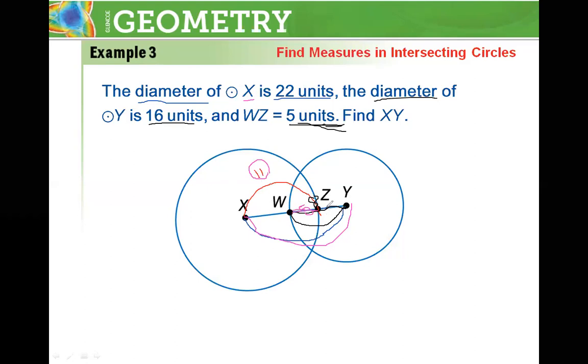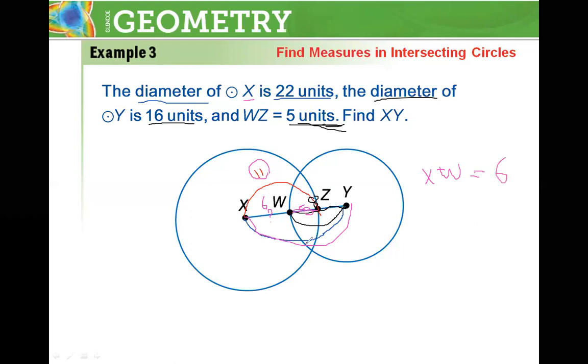XZ is the result of the radius, so it's 11. This part is 5. Can you give me the other part? Yes, equal to 6. So this part is equal to 6 now. This part is called XW, so XW is equal to 6.